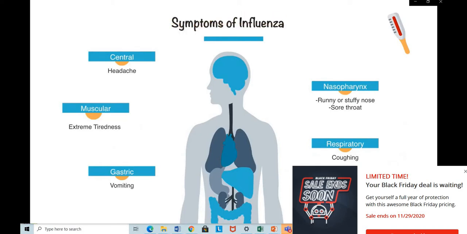Symptoms of influenza. There are many symptoms to determine influenza. Here are some. First thing is headache, runny or stuffy nose, extreme tiredness, coughing, vomiting.